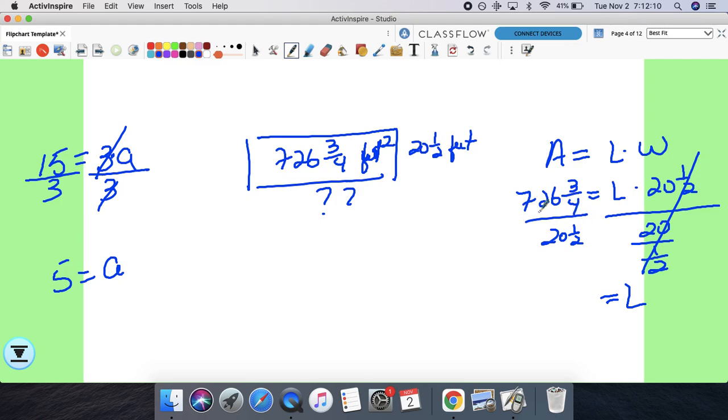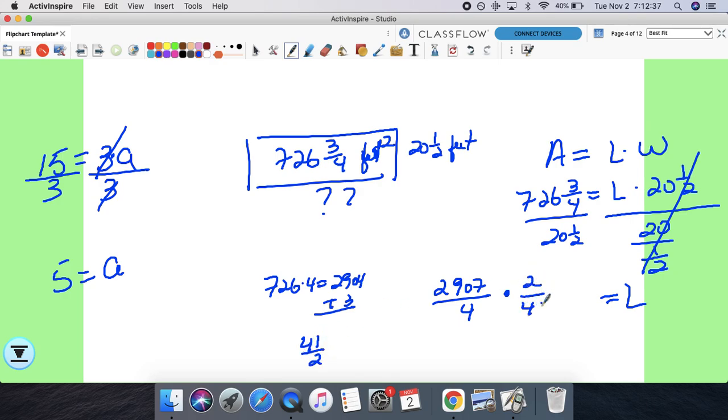Okay, so 726 times 4 is 2,904, and then to that I'm going to add 3. It's going to give me 2,907 over 4, times, right, I'm going to use the reciprocal. Let's find out what 20.5 is as an improper fraction. It's 41 over 2, and the reciprocal of that is 2 over 41.